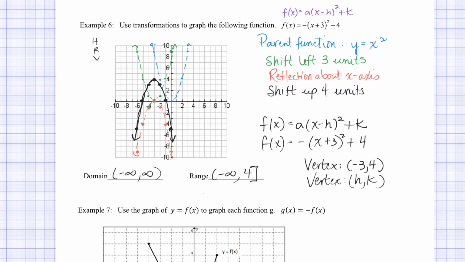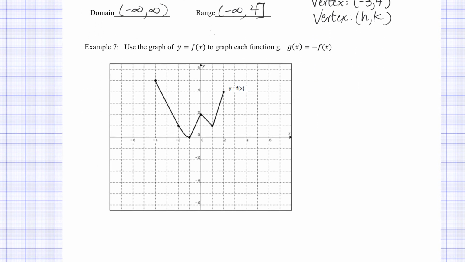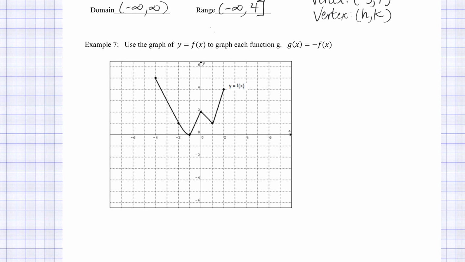Okay, so now in the homework, you're also going to have a couple of problems that have to do with general functions that have been transformed. It doesn't have to be a parent function. I can take this weird looking W shape, which would be a function because it would pass a vertical line test, right? And I can think about transformations of this graph in order to graph g of x, which is the opposite of f of x.